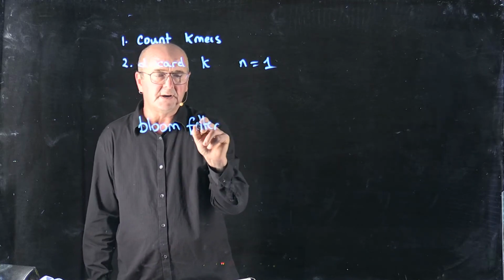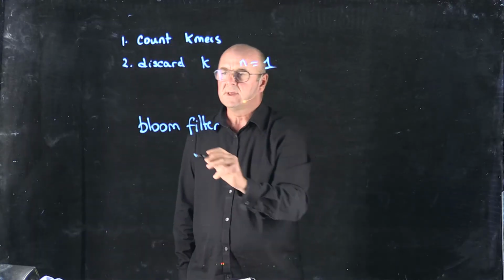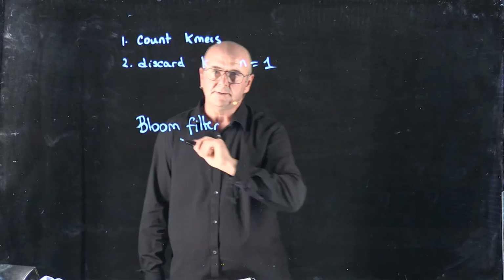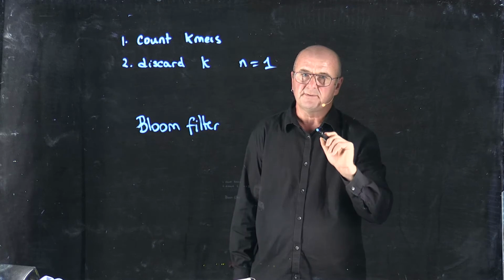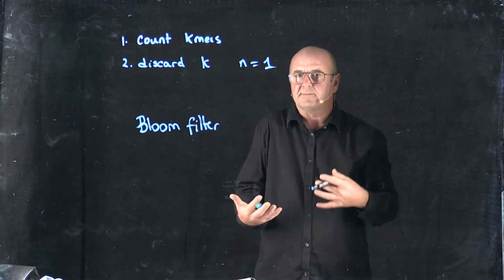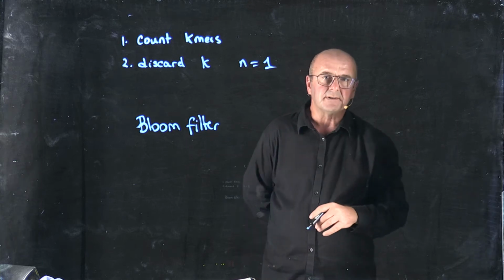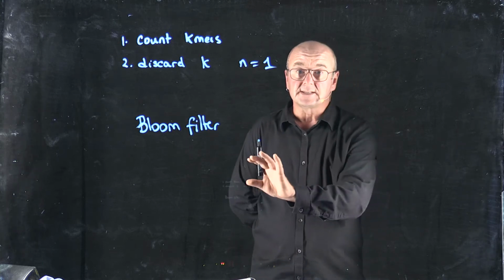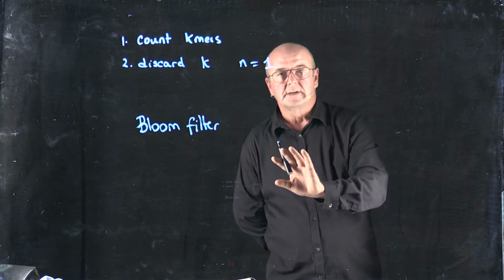And remember that a Bloom filter will tell you something is present if it really is, although it may accidentally tell you something's present even though you haven't seen it before, right? But all the Bloom filter can tell you is, yeah, it's present, no, it's not present.